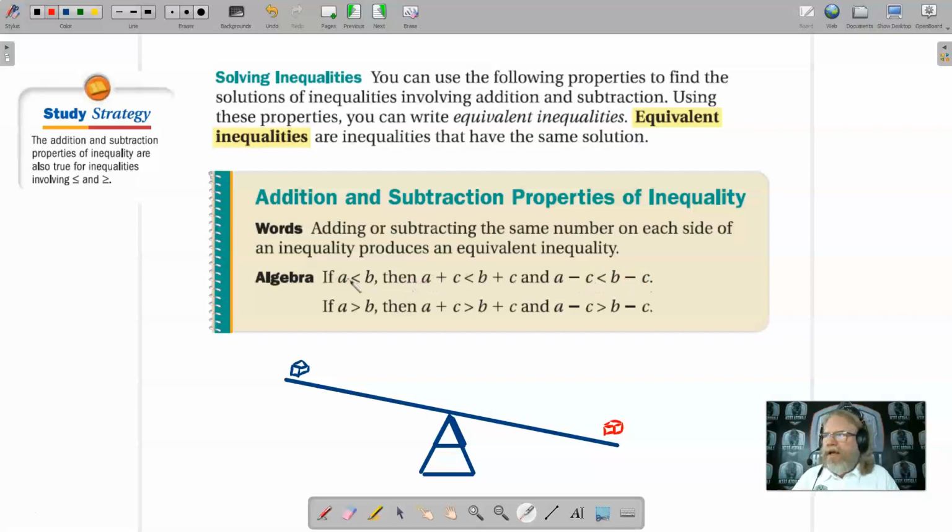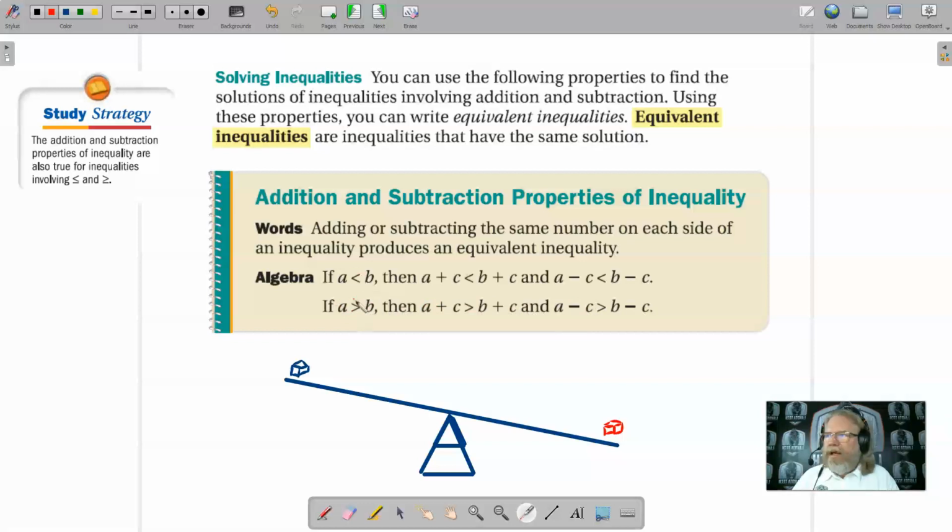We're saying that if A is less than B, then A plus C is less than B plus C, and if we take C from both sides, then A is still going to be less than B. And likewise, if A is greater than B, then A plus C is greater than B plus C. Then if we take C away, we end up with A still being greater than B.